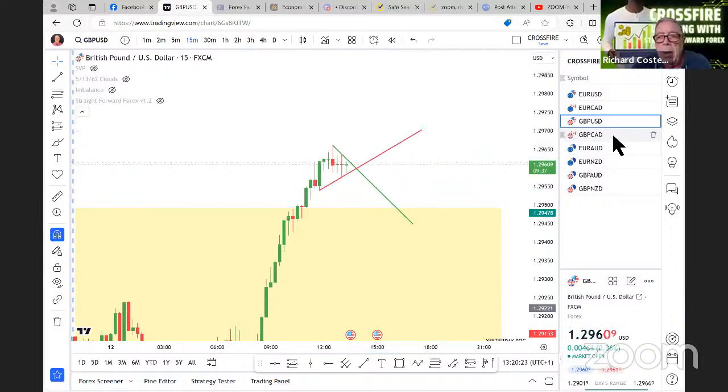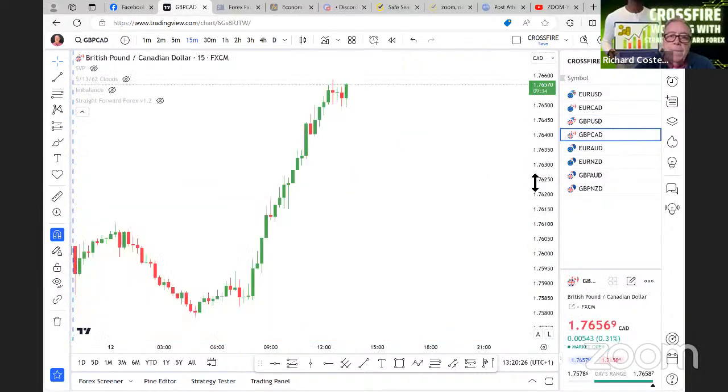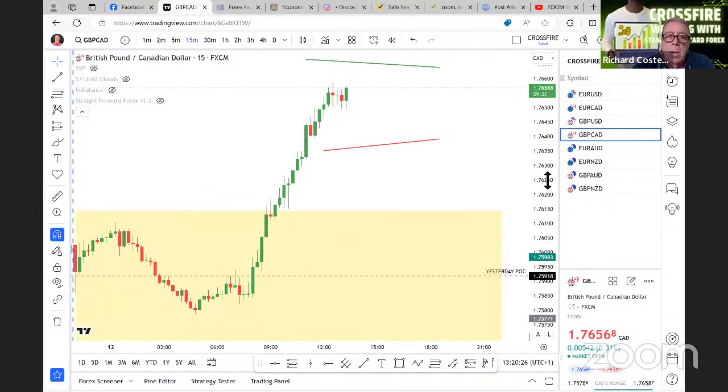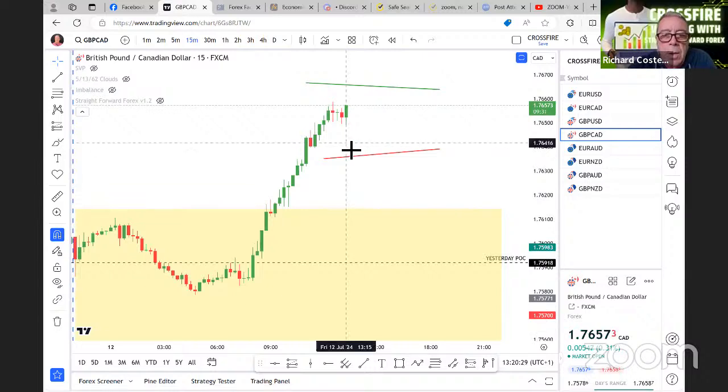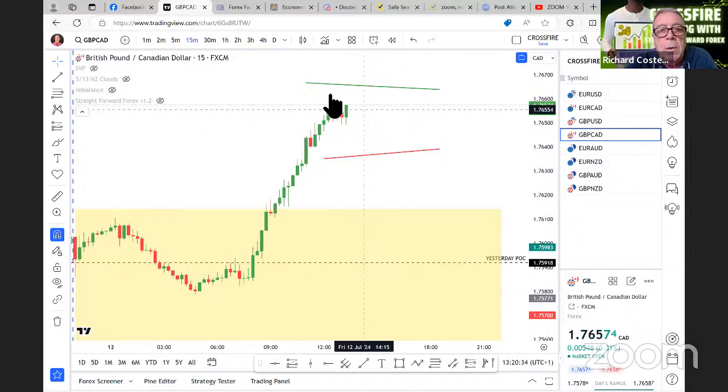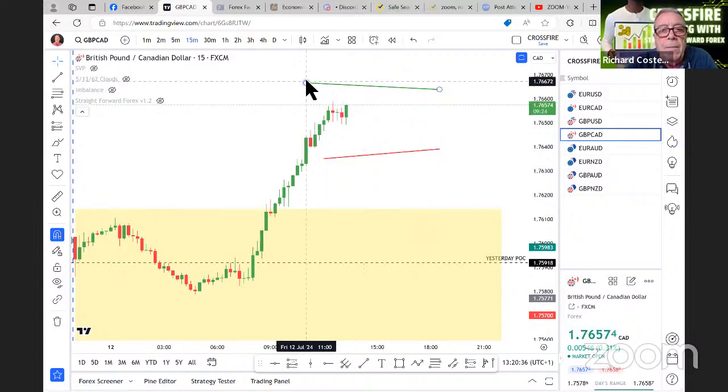And the last pair, GBP card. That red one there is the 1 o'clock. So if I look at the top of the wick on the 1 o'clock and then look left, I can see that is the nearest higher.